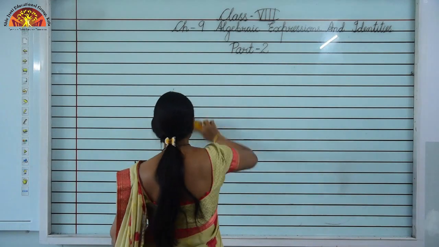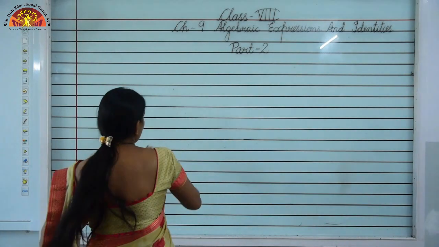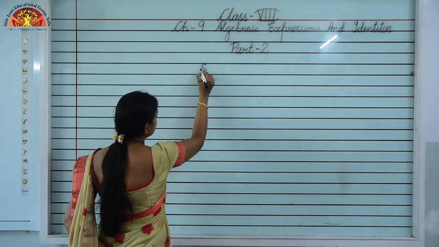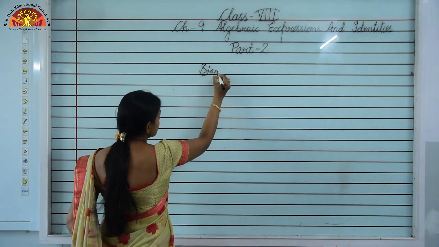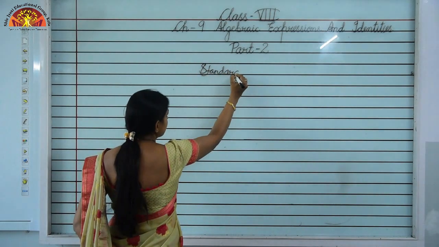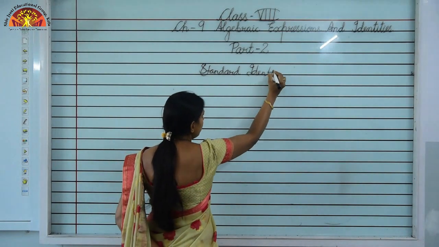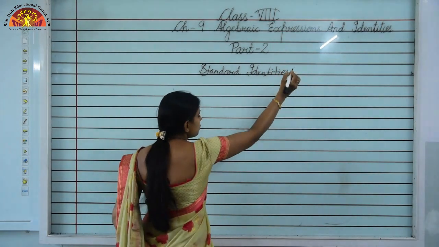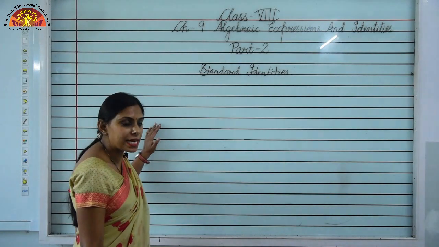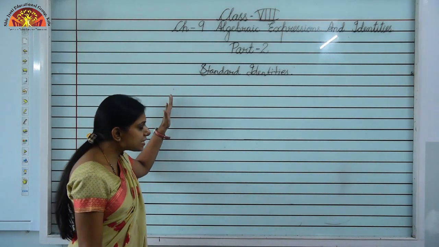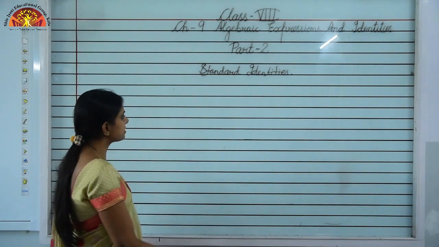So now children, we will learn about the standard identities, that is the standard algebraic identities. Okay. So children, you have to learn these identities. On the basis of these identities, we will solve the next exercise.